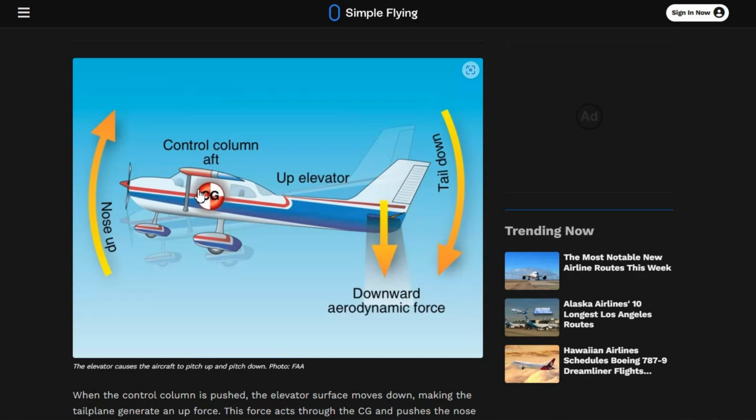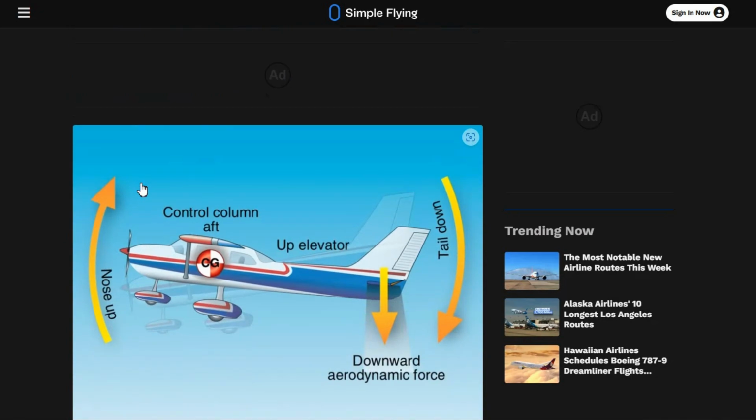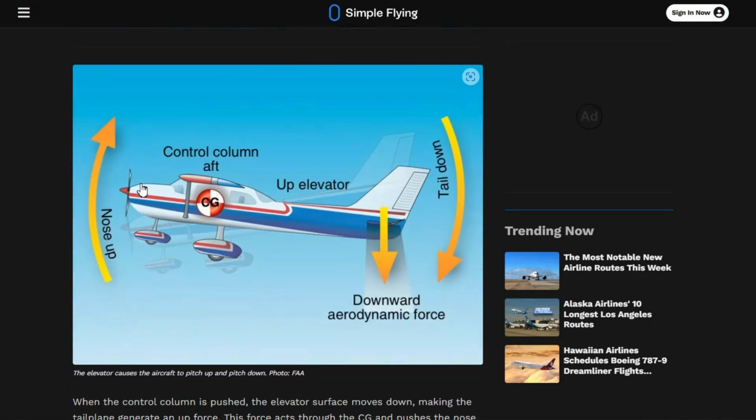When the elevator is moved upward, it produces a downward force. Why? Because the surface area facing upward is increased, and the more the surface area, the more force will be exerted on this surface. So the tail will go downward and the nose will go upward. This is a motion produced by elevators, known as the nose up and down motion.